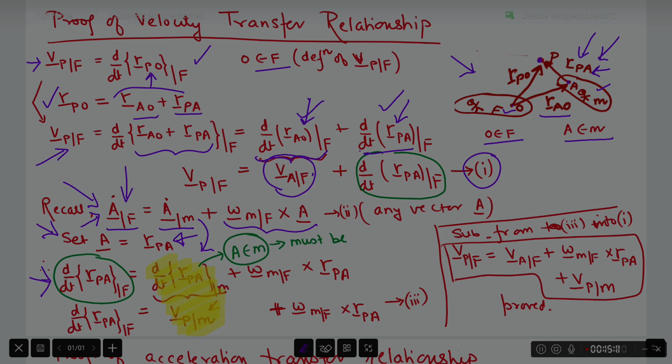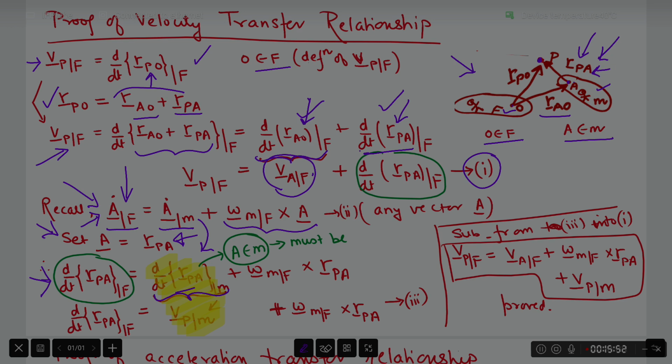Once I have d dt of RPA with respect to M, and given the fact that A is a point fixed in M, we can replace this by the physically sensible quantity Vpm itself. This time derivative is nothing but the velocity of particle P with respect to M. Indeed, this is the step for which we took A to be a point fixed on M.